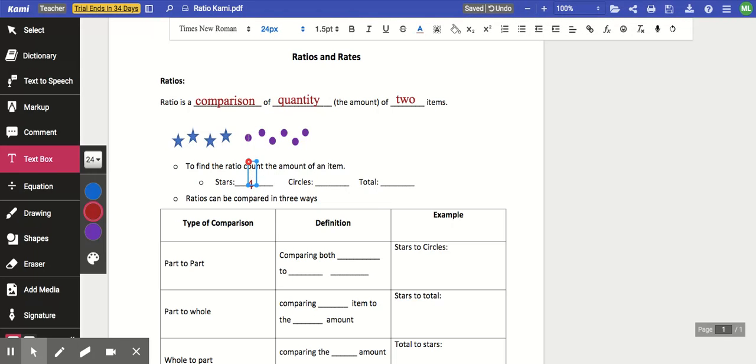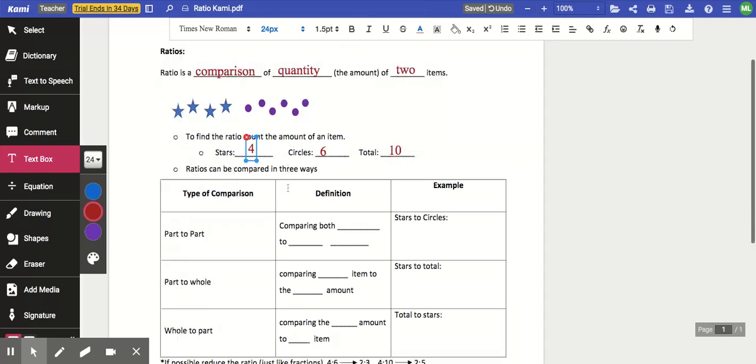I have 1, 2, 3, 4, 5, 6 circles. Overall together I have 10 items in total. So these numbers are important for us when we're trying to find our ratios.